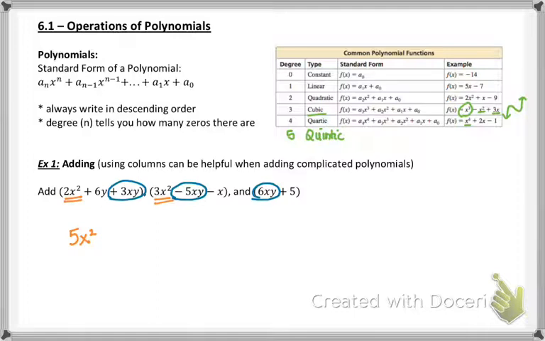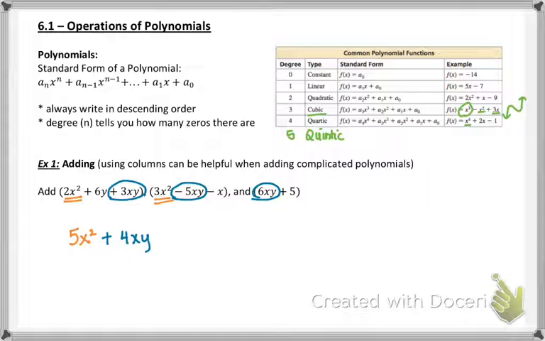And notice how I circled the sign in front of that term, because that sign goes with that term. So 3xy minus 5xy gives me negative 2xy, plus 6xy gives me positive 4xy. 3 minus 5 plus 6, there's 4 of them left.